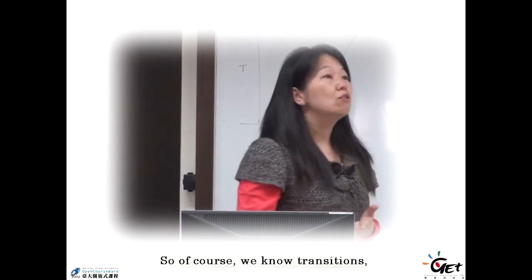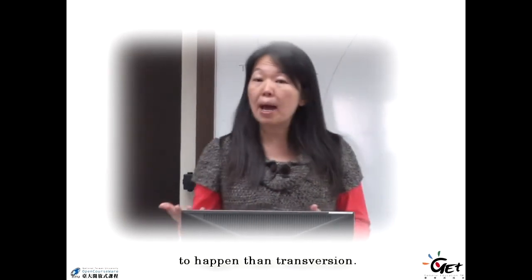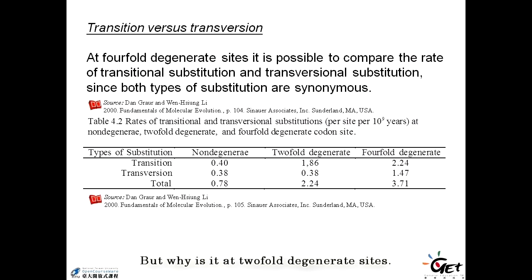Of course we know transitions, the first answer was that transitions are much easier to happen than transversions, which is also true. But why is it at 2,4 degenerate sites? Because at 2,4 degenerate sites, we observe that transitions are most of the time synonymous, but transversions are non-synonymous.